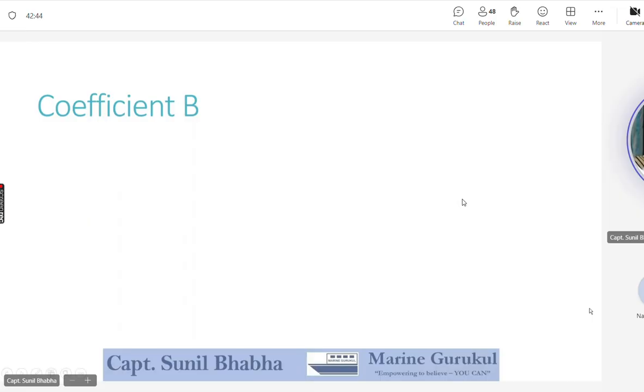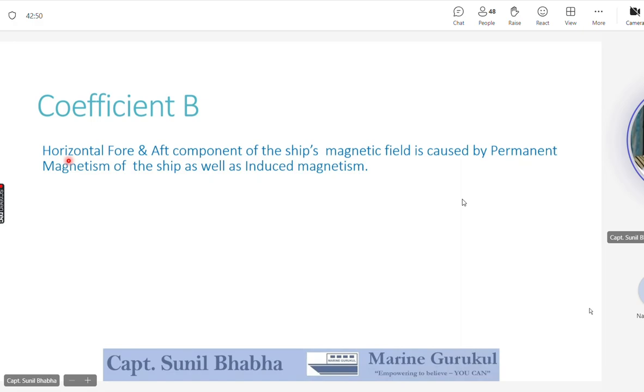Now, how is this component generated? The horizontal fore and aft component of the ship's magnetic field is caused or generated by permanent magnetism of the ship as well as induced magnetism of the ship.